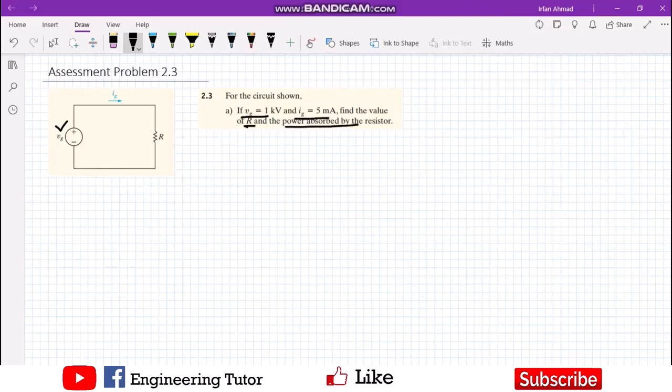As we approach the solution of this problem, we know that according to KVL, the sum of all voltage rises in a circuit is equal to the sum of all voltage drops. Here we have just one passive element and one active element.